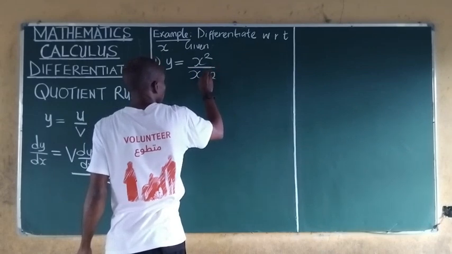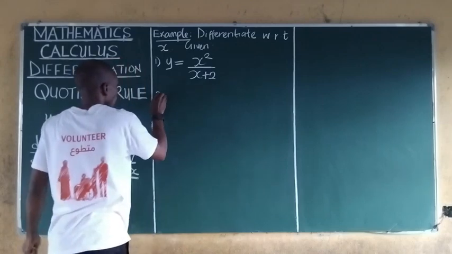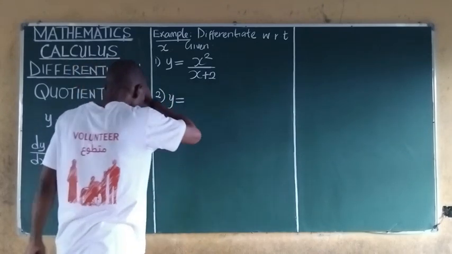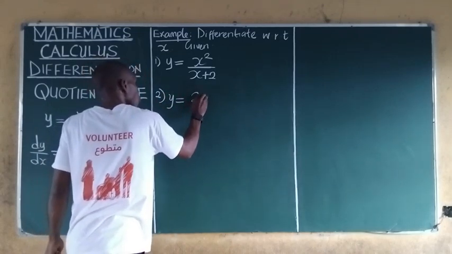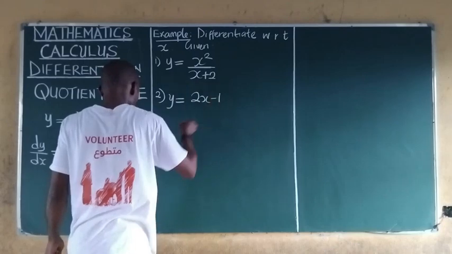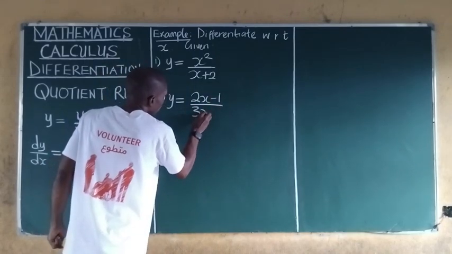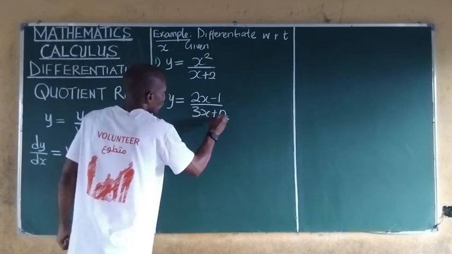First question. Number 2, y is equal to 2x minus 1 all over 3x plus 2.